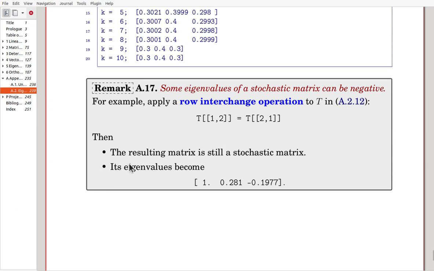Then the resulting matrix is still a stochastic matrix, and you can easily check that its eigenvalues are here 1 and this number, and the last one is negative. So some eigenvalues of a stochastic matrix can be negative. Okay, that's it. Thank you.